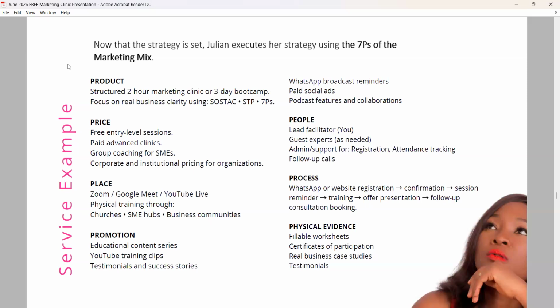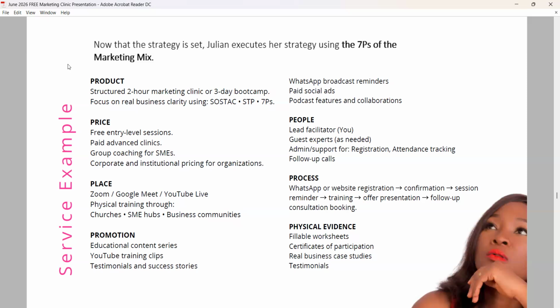I have people that have communities, they invite me to teach in their groups. Churches, we do a 3-day virtual boot camp. We start on Friday, do it on Saturday, and Sunday we close out. So beyond how I'm selling it here, this is how I'm selling it. You are getting it for free, but others are paying for it. So that is my product.